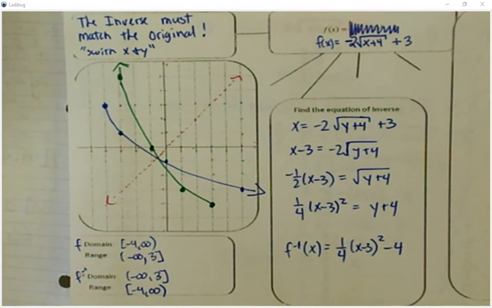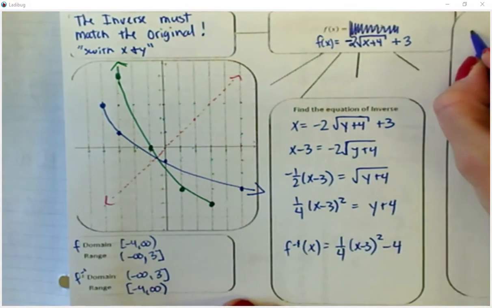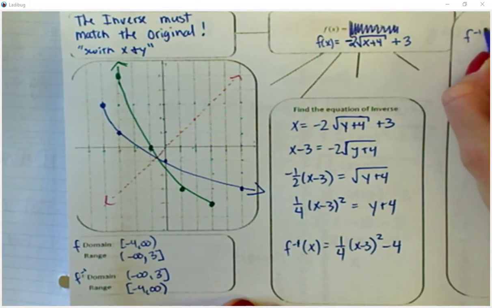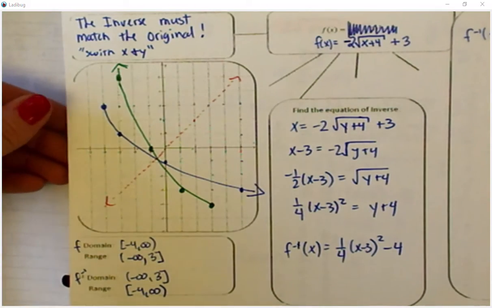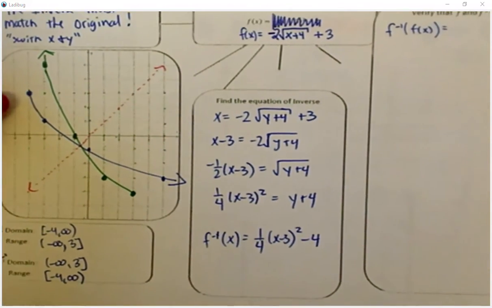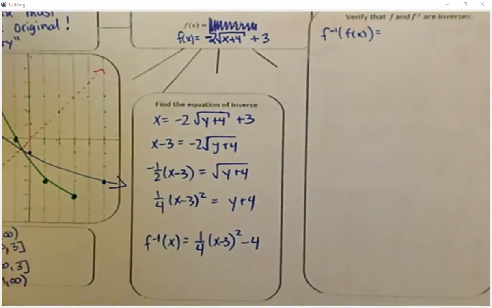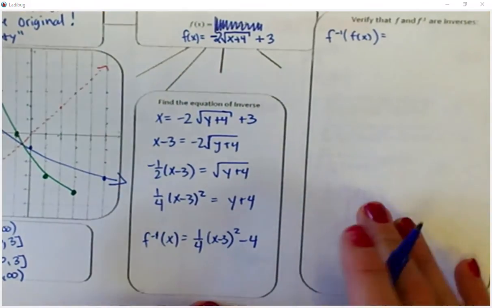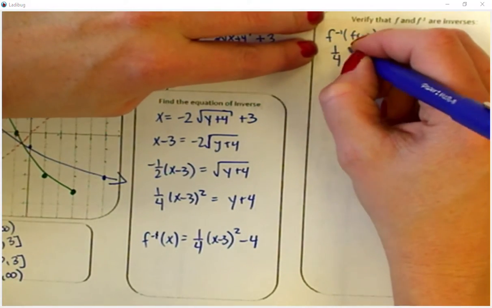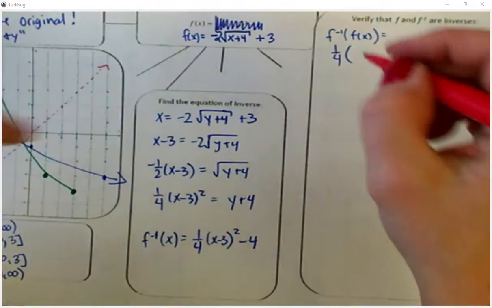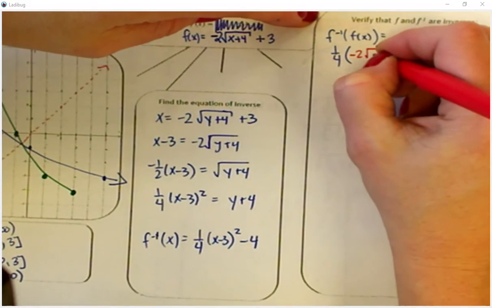Alright. And composition. So let's start with... I'm going to start with this composition. Okay. With the inverse. There we go. Let's see what I get. Okay, so we have 1/4 negative 2 root.